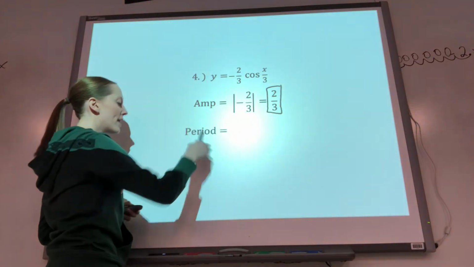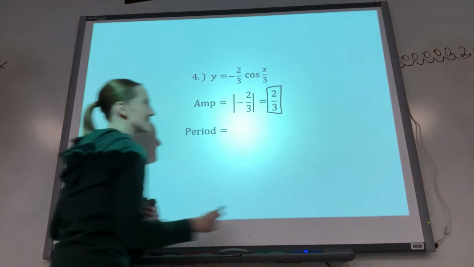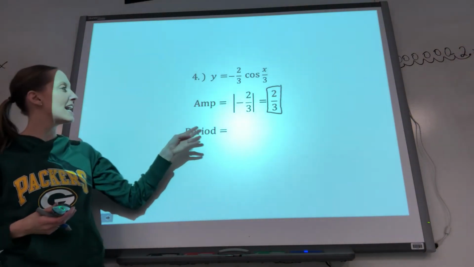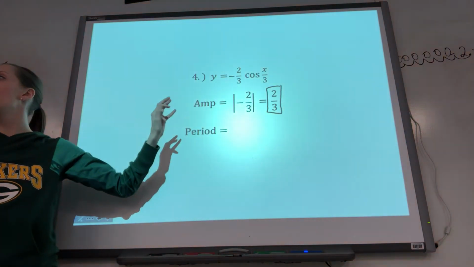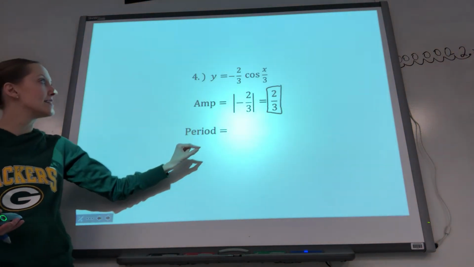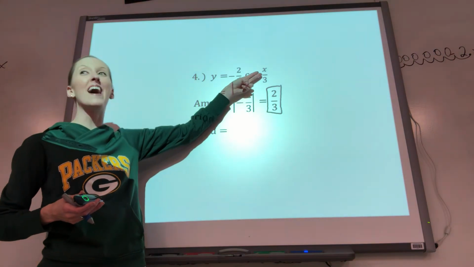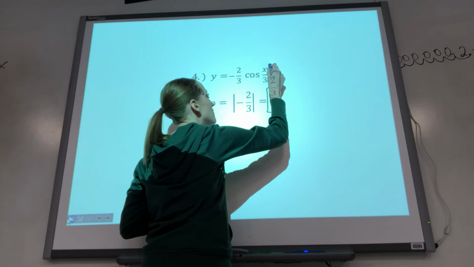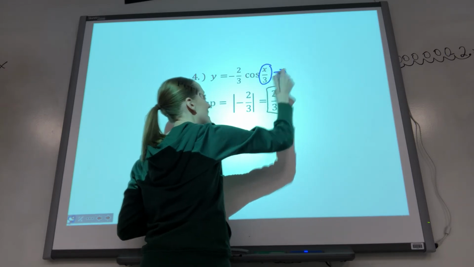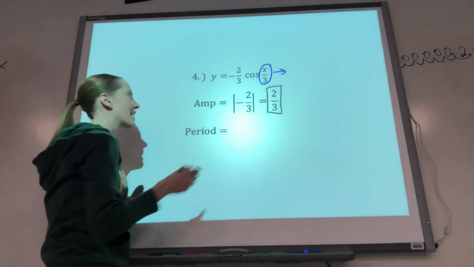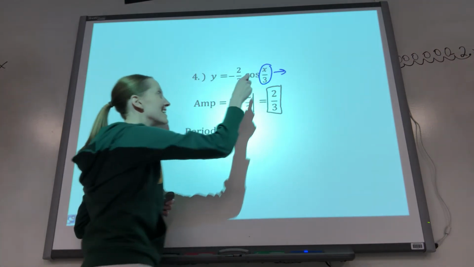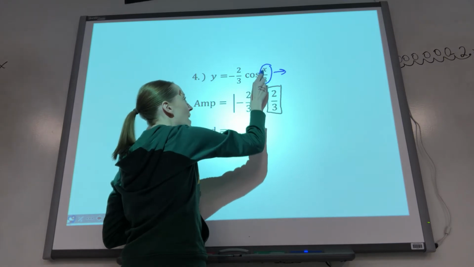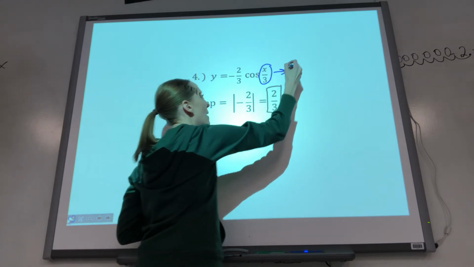Okay, well, I'm going on to the period, and this is where I run into a little bit of trouble. To find the period, I have to take 2 pi divided by b. B is the number multiplied by x. A little bit weird here, just because of the way it's written. So let me take this out to the side for just a second. Remember, x is technically 1x, so there's a 1 on top and a 3 on bottom.